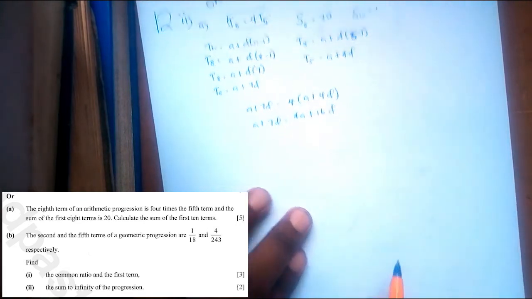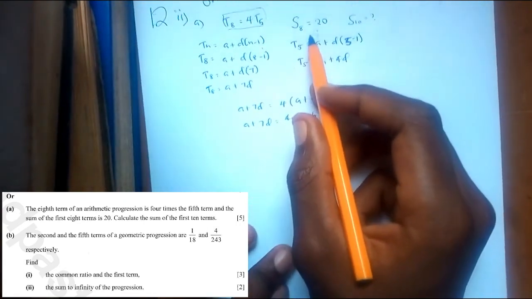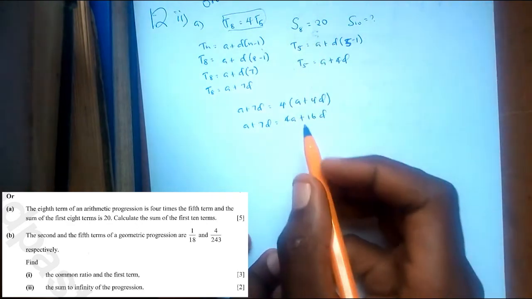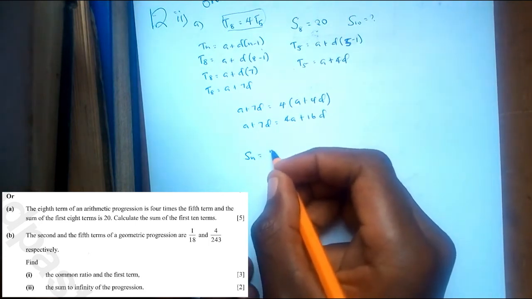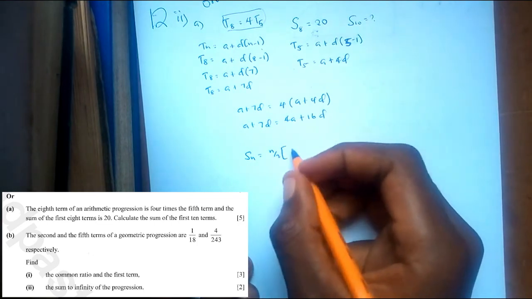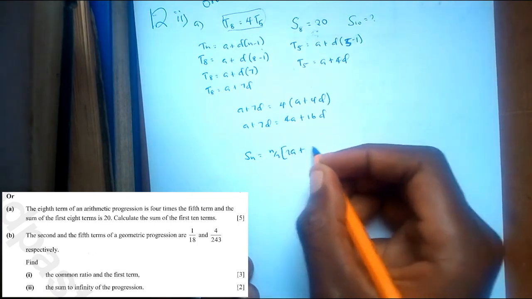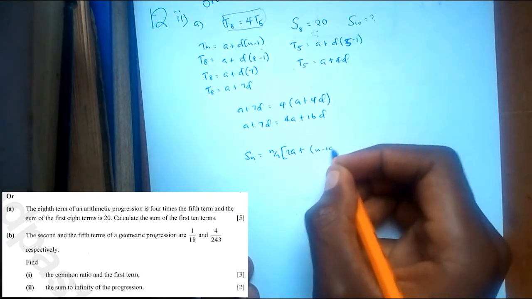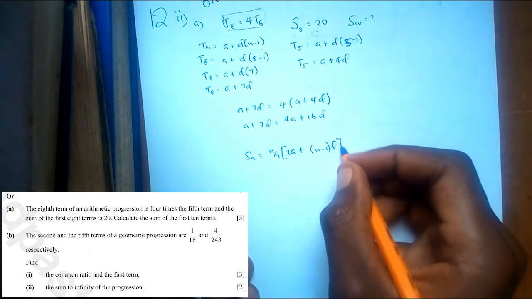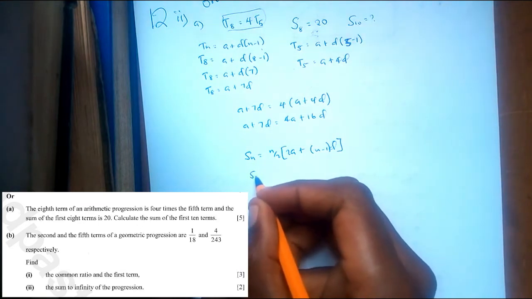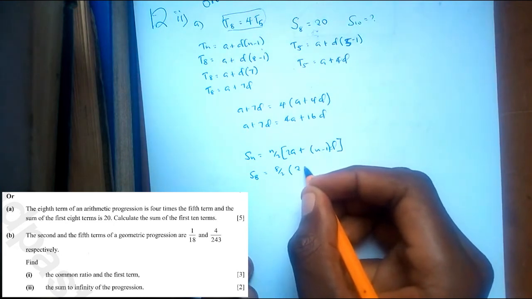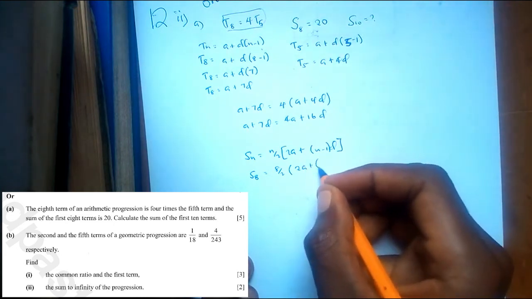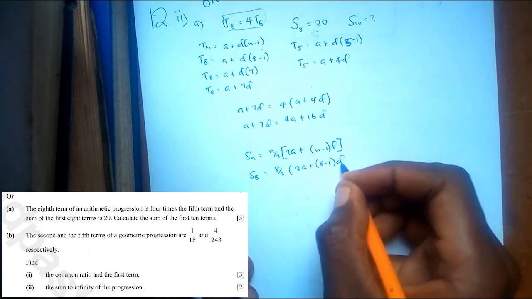Then we've been given another clue which says the sum of the first 8 terms is 20. So we know that the sum is given by n over 2 times open brackets 2a plus n minus 1 d, close brackets. So S8 will be equal to 8 over 2 times 2a plus 8 minus 1 d.